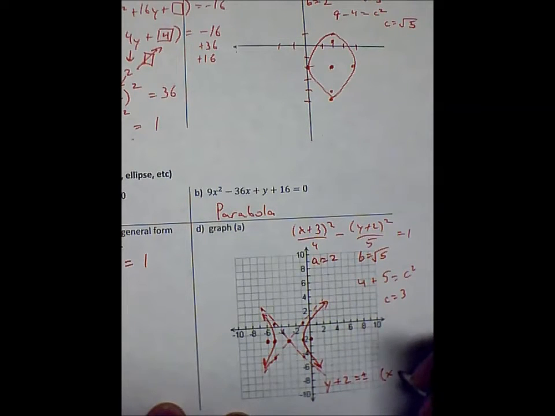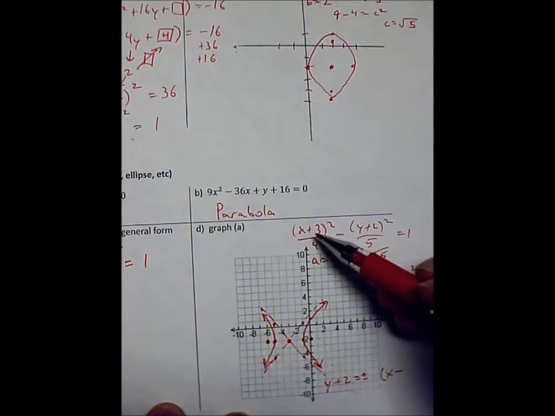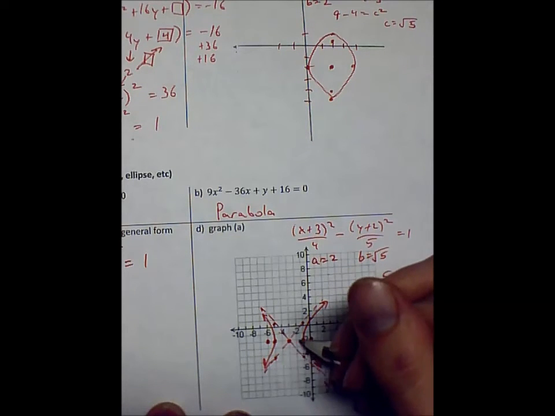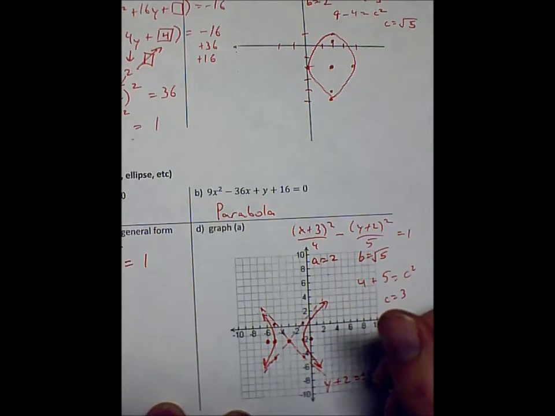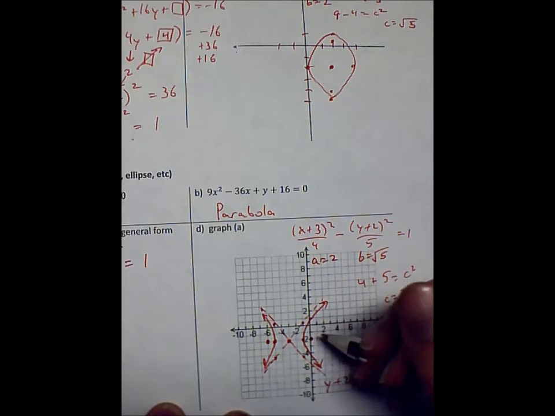And then that times x minus x1, which is the x value of the center, which is -3, so x plus 3. And then to get our slope, we look at the a and the b. So a is 2, that's the run. B is the square root of 5, that's the rise. So the slope would be the square root of 5 over 2, the rise over the run.